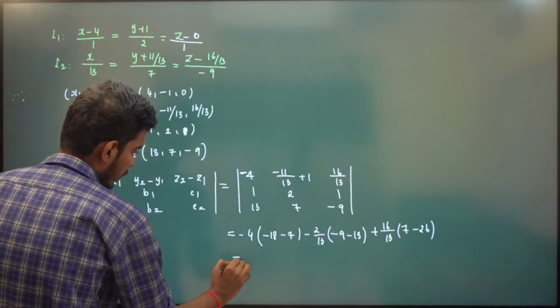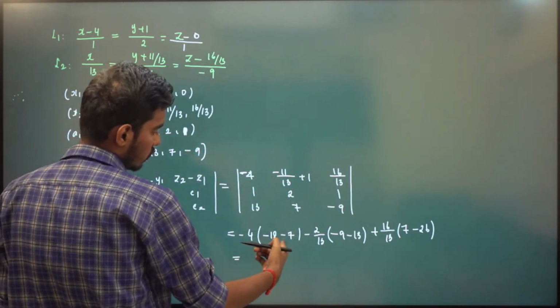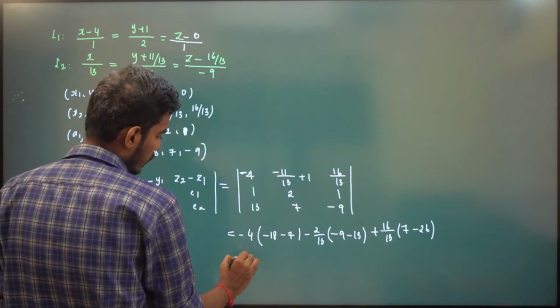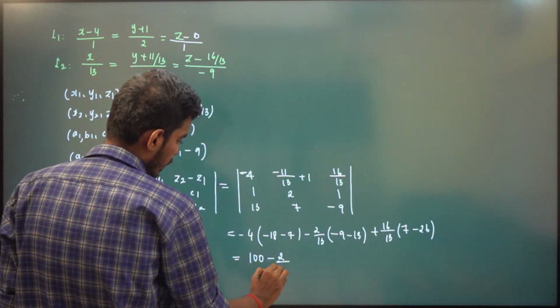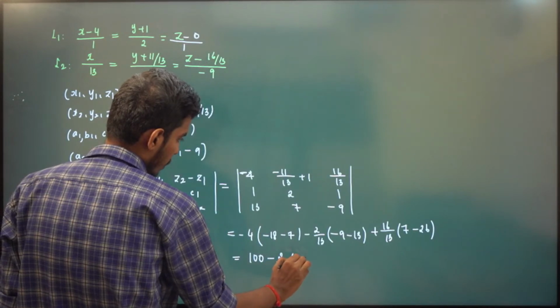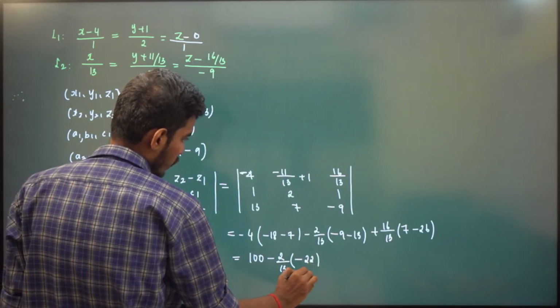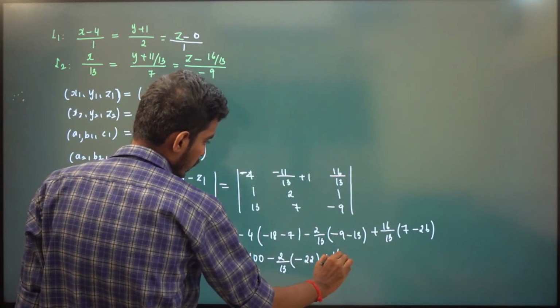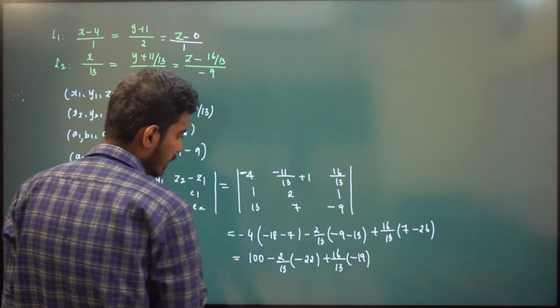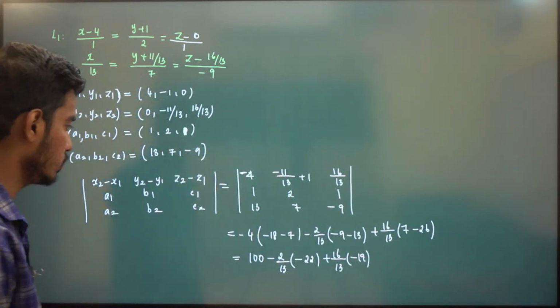So this will be minus 25. Minus 25 into minus 4 is plus 100. And here we will have minus 2 by 13 into minus 22, and here we will have 16 by 13 into minus 19, right?